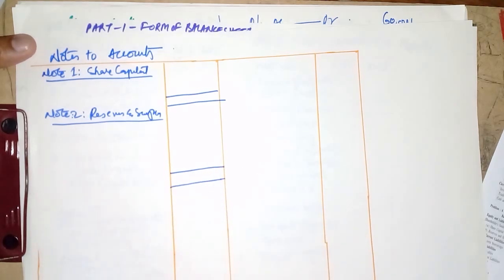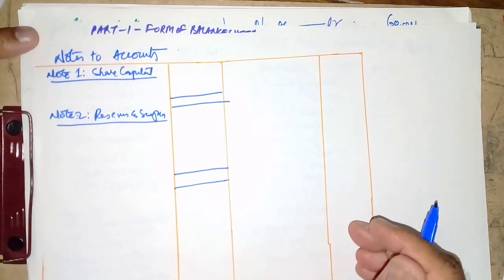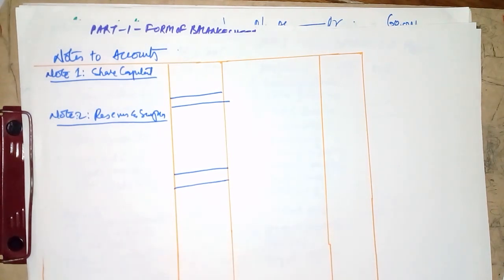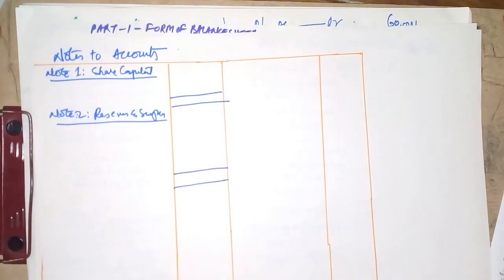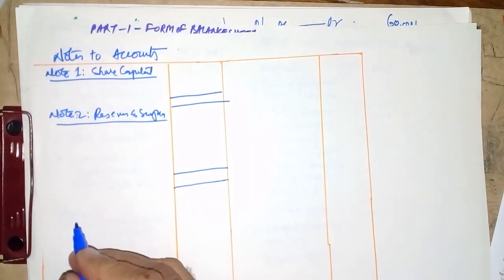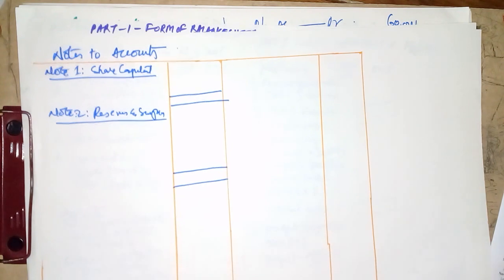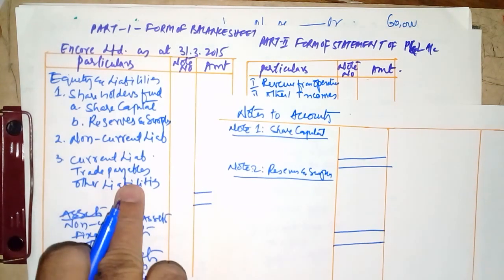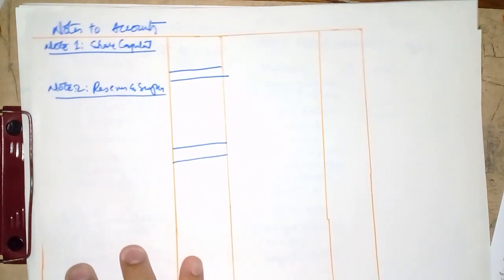After that we don't have any non-current assets or non-current liabilities in this. So therefore we'll proceed to the current liabilities. Under current liabilities we need to prepare individually. So under current liabilities we have written trade payables and other current liabilities.